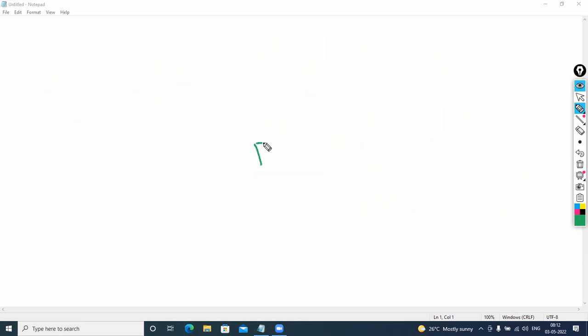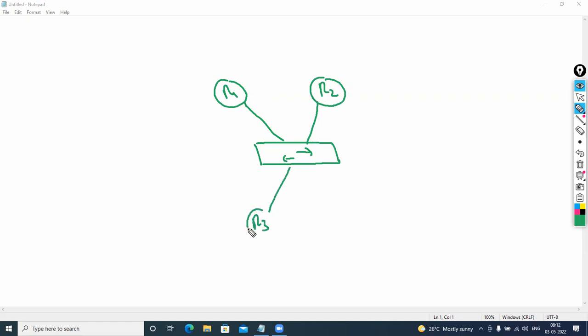Now, yesterday we have seen this topology. Let us consider we have 4 routers. Router ID of R1 will be 1.1.1.1. Router ID of R2 will be 2.2.2.2.